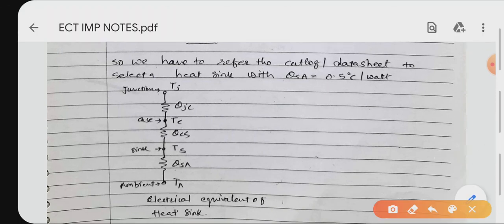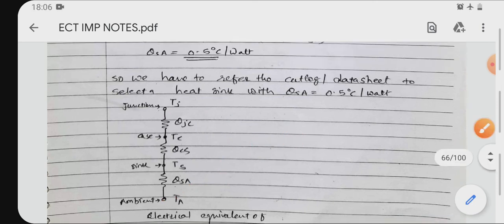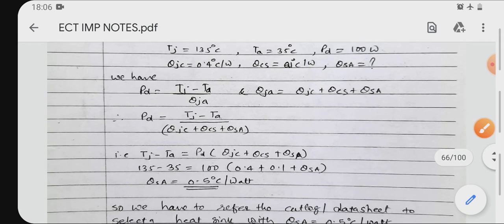Power dissipation will be equal to Tj minus Ta divided by total thermal equivalent resistance, which is nothing but theta Ja. Okay, so here it is mentioned theta Ja.